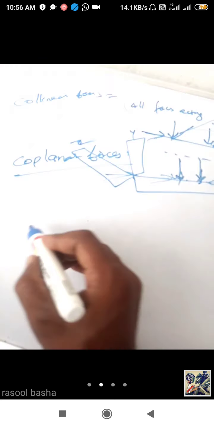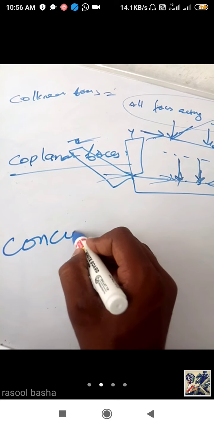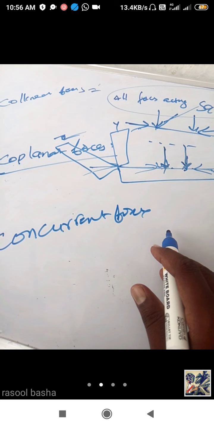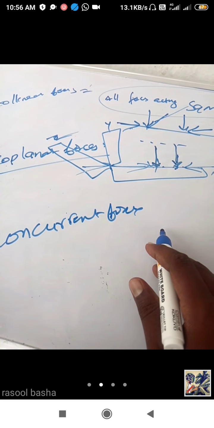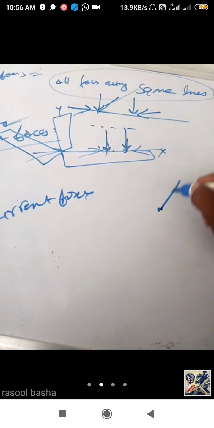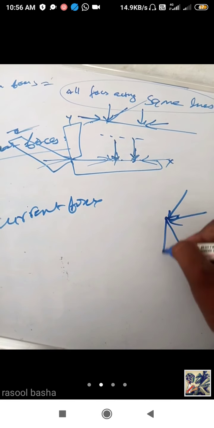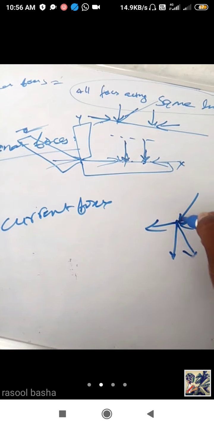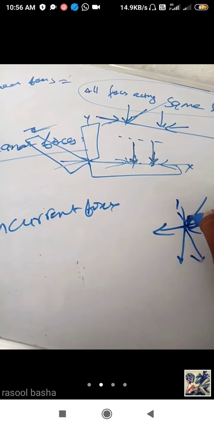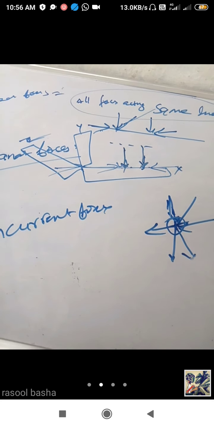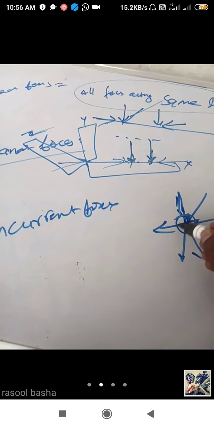Next, coming to the third one, concurrent forces. The line of action of all forces passes through a single point. So all forces pass through a single point.